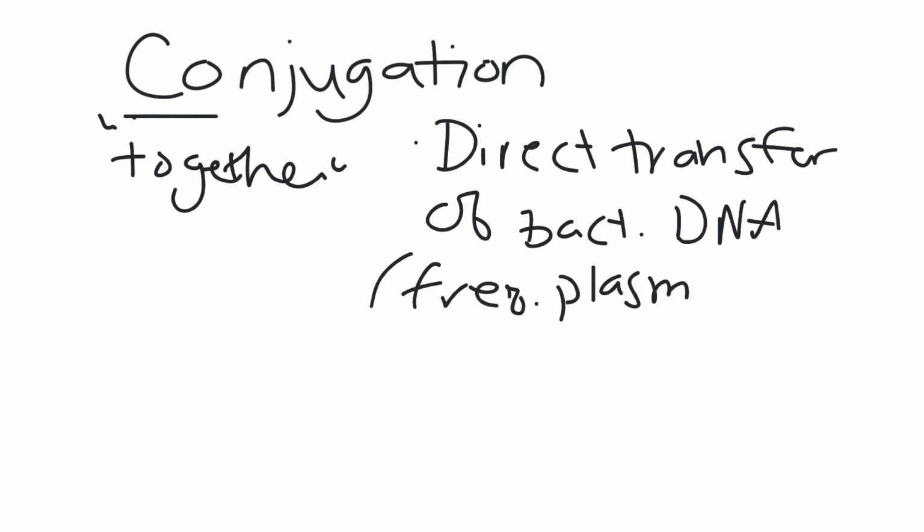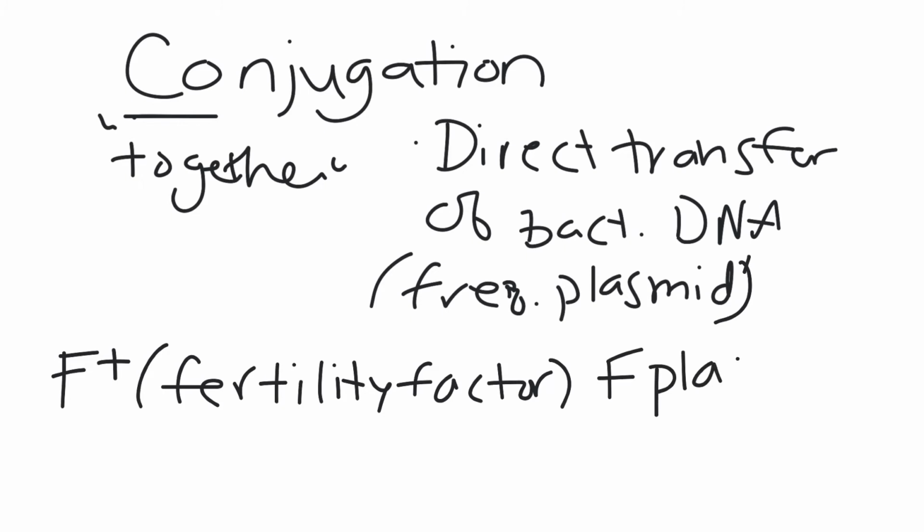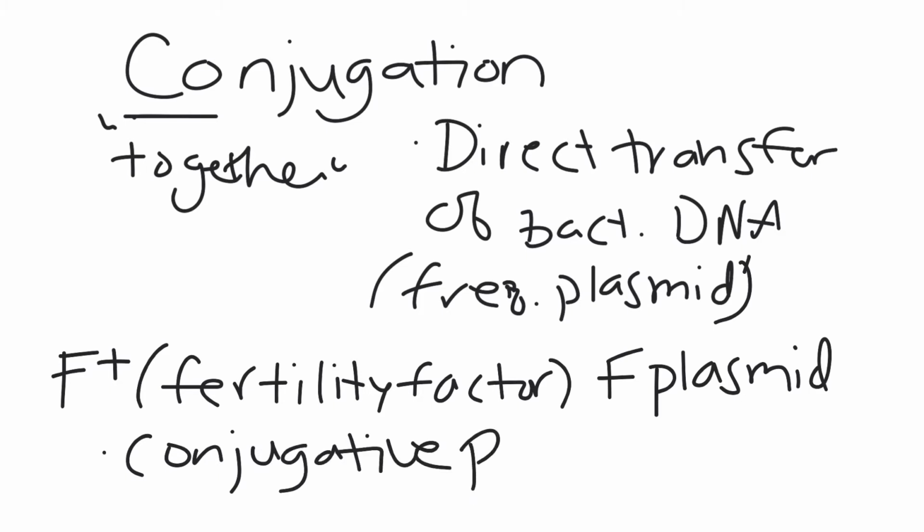And I should mention that plasmids can be transferred via transduction as well with the viruses, but a lot of times we see it with conjugation. Direct transfer, and in order to do this transfer, the cell has to be what we call F plus, which means it contains the fertility factor, which will be on a plasmid, which will be the F plasmid. We can also see that as a conjugative plasmid.